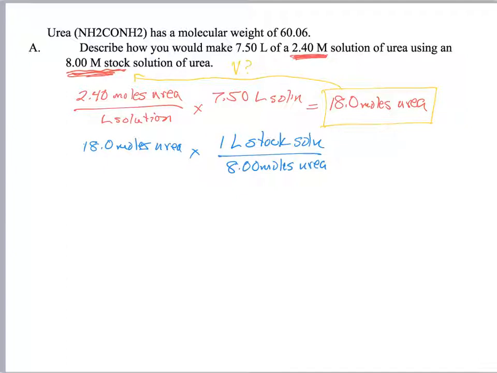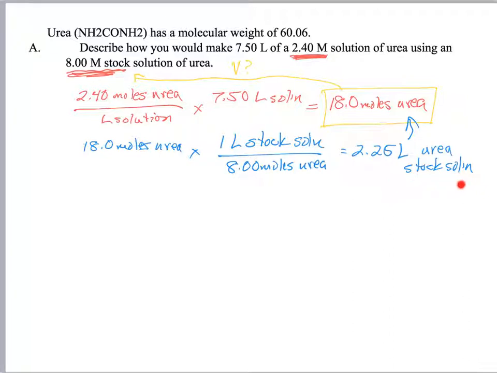And so that tells us then that we need 2.25 liters of our urea stock solution to give us the 18 moles of urea that we need. The 2.25 liters of urea stock solution is providing the 18 moles of urea that we need to make the solution that we want to make.